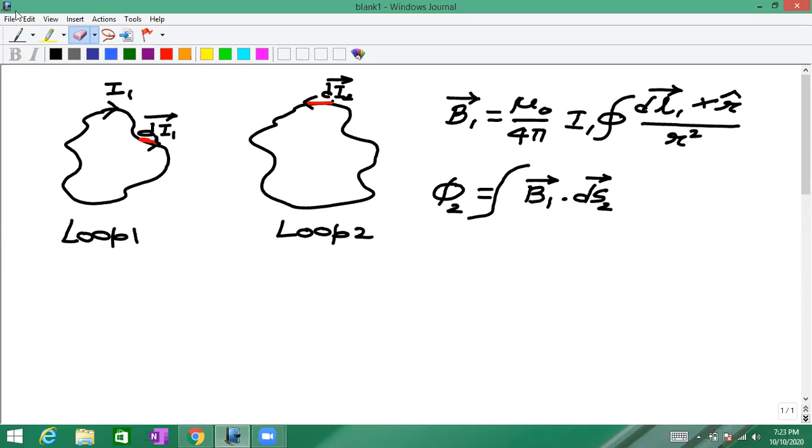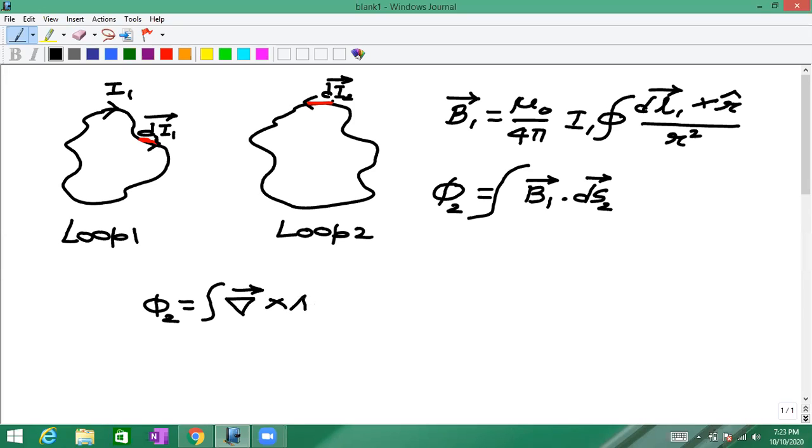গতিকে যদি আমি ইয়াত B1 ভেক্টৰক ভেক্টৰ পটেনশিয়ালে ৰিপ্লেস কৰো তেতিয়াহলে এক্সপ্ৰেশনটো কি হ'ব? phi 2 is equal to integration B1 vector dot dS2 vector.